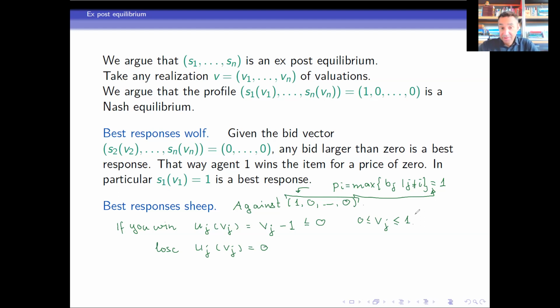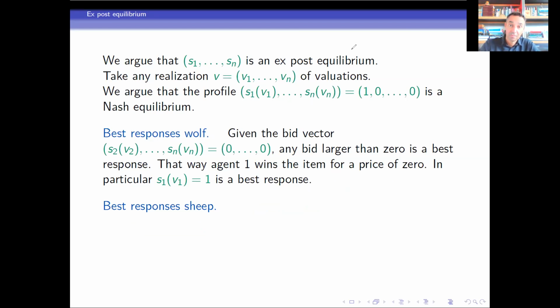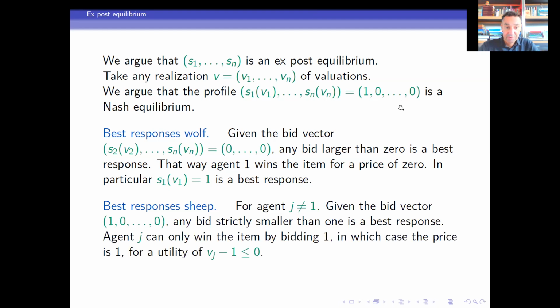And the way to guarantee that is, for example, by bidding 0. Anything smaller than 1 will do. But one of the options is then to bid 0. And that is explained here.